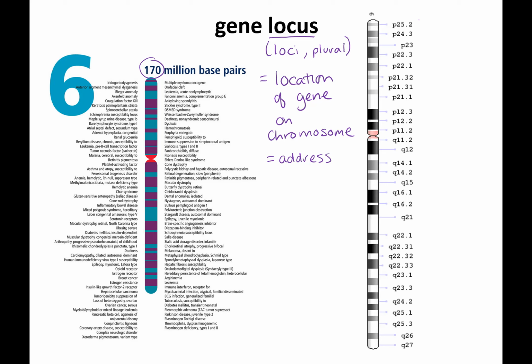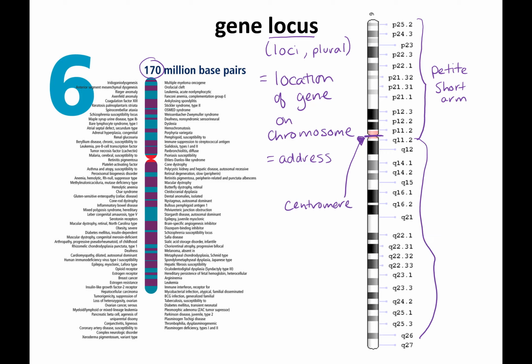And just so you know, you don't have to know this for this class, but the P stands for the petite arm, or the short arm of the chromosome. And so what you can see right here, this is the centromere. So we always draw the centromere in the middle. It's not always the case. Some chromosomes have centromeres more towards the top, some have more towards the bottom. That's just a physical characteristic of the chromosome.